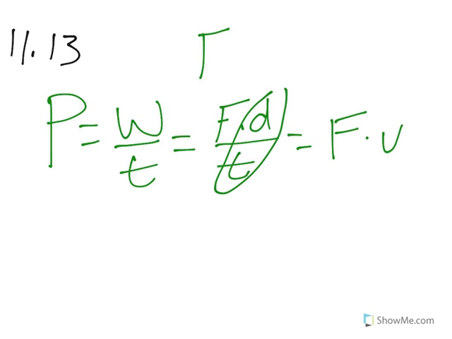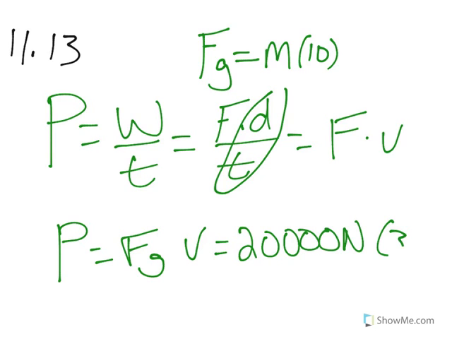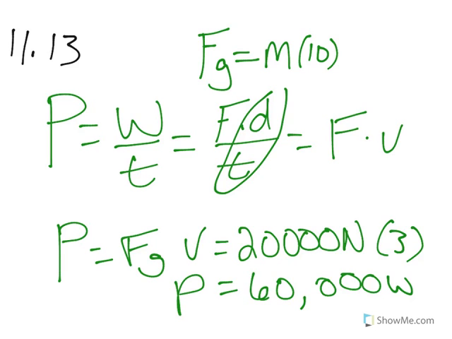So the force that's being lifted is the force of gravity, which you should remember is mass times 10. So the force of gravity times v, which should be, in this case, 20,000 newtons, because you're multiplying 2,000 by 10, times 3, which would be 60,000 watts. Okay, so that should be its power rating.